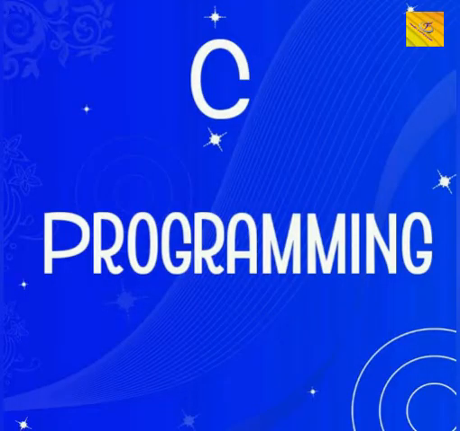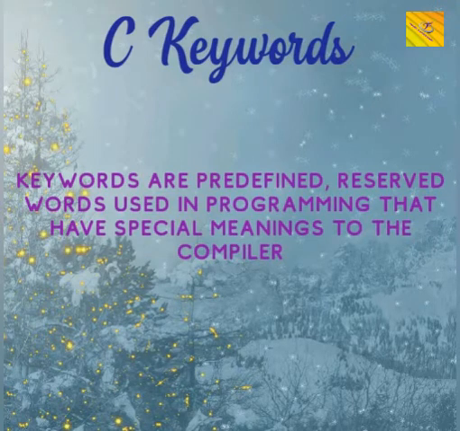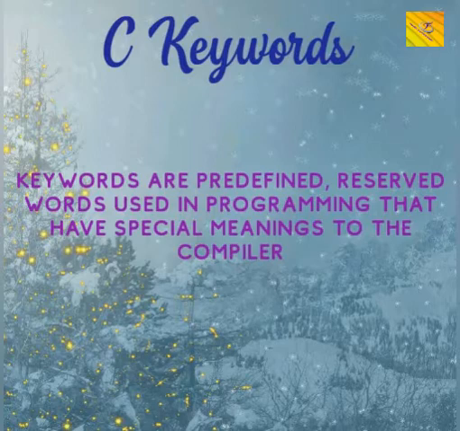Next, we will learn some important points about C language so that we can write any program in C language easily. First is C keywords. Keywords are predefined, reserved words used in programming that have special meanings to the compiler.